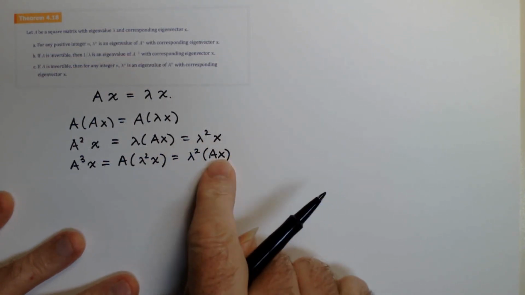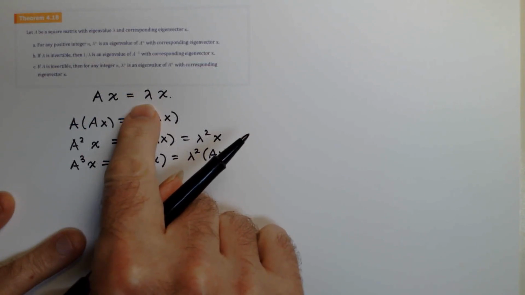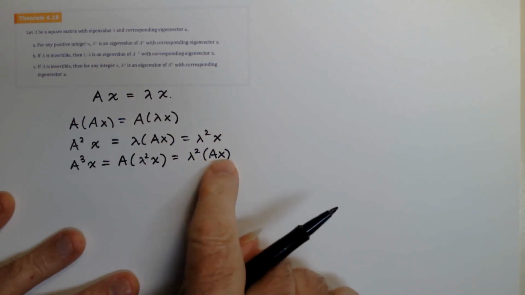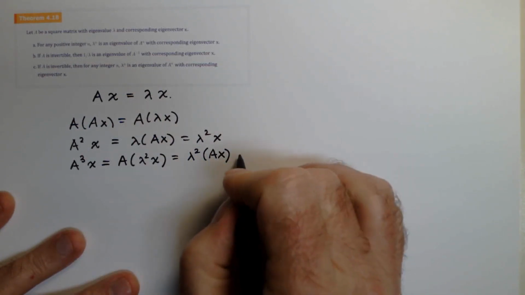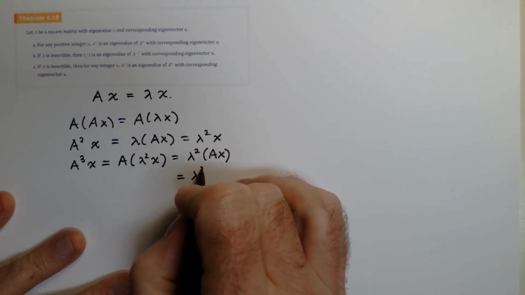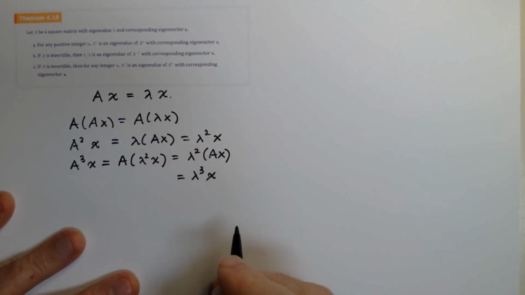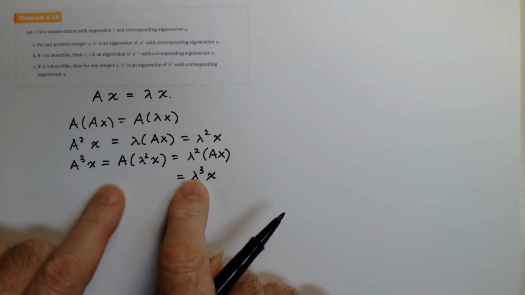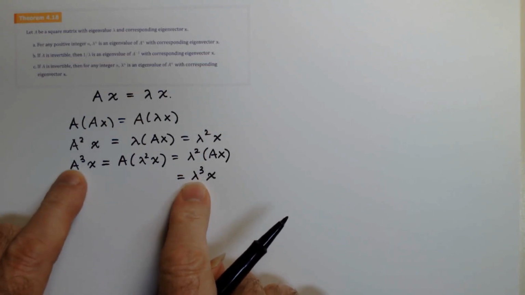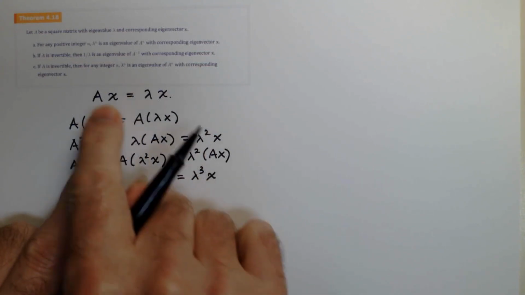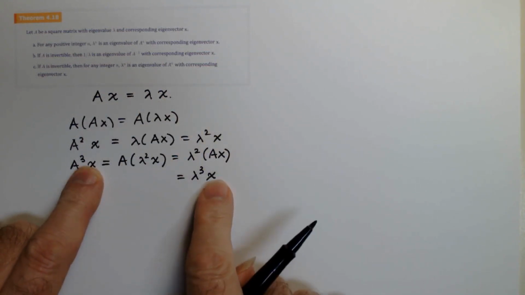And now I can look at Ax and realize that's just another lambda times x. And so this is going to be simply lambda cubed times x. So lambda cubed is an eigenvalue of A cubed with that same eigenvector x.